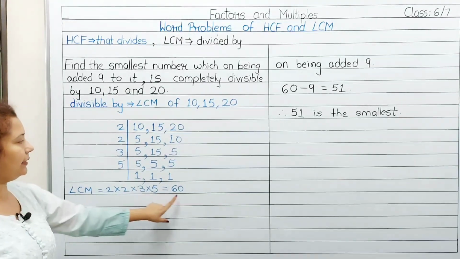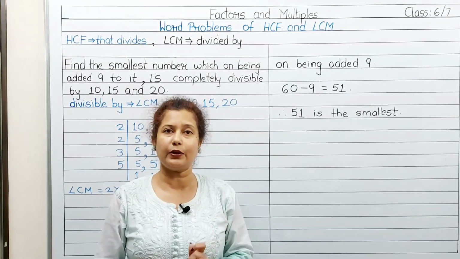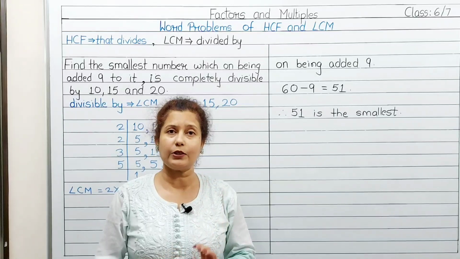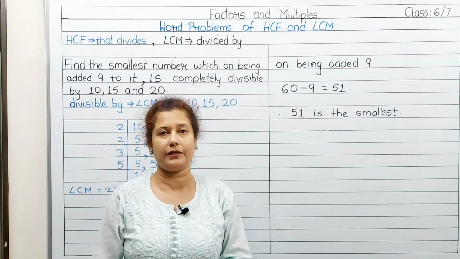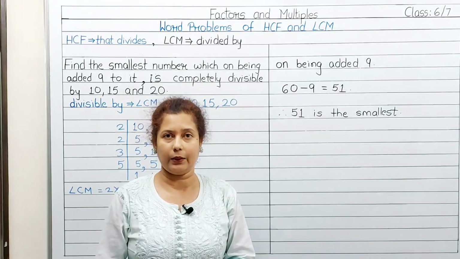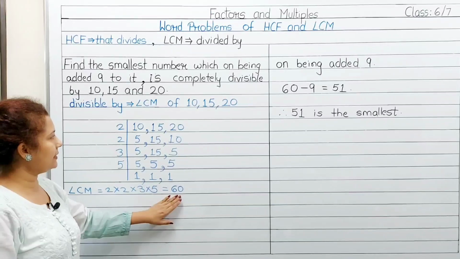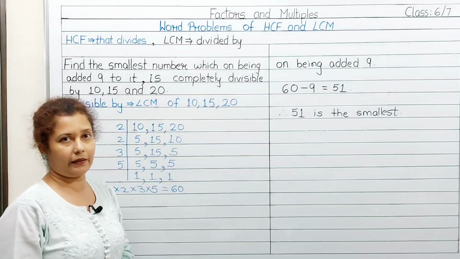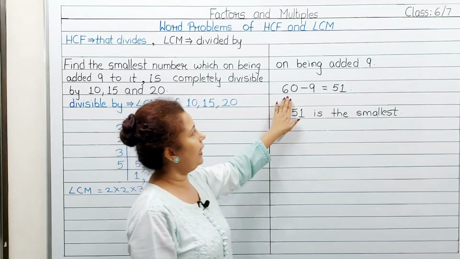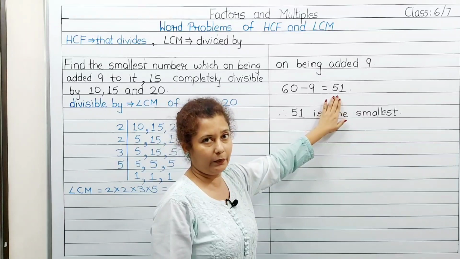So the LCM is 60. In the sum, it is given that we should get a number to which we add 9 and then only it will be completely divisible by all the given numbers. But here the LCM which we got, that is 60, is completely divisible by 10, 15 and 20. So what we have to do, we have to subtract 9 from it, so we will get 51.